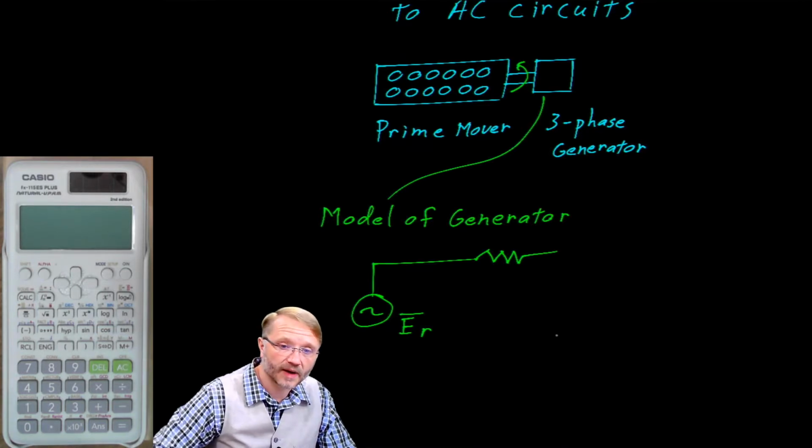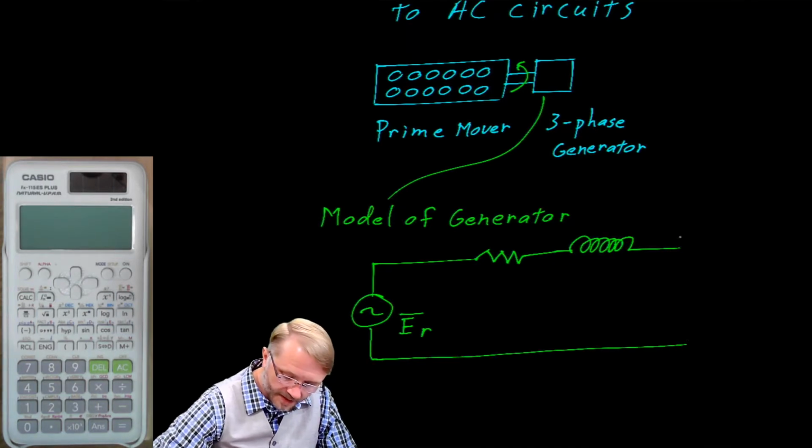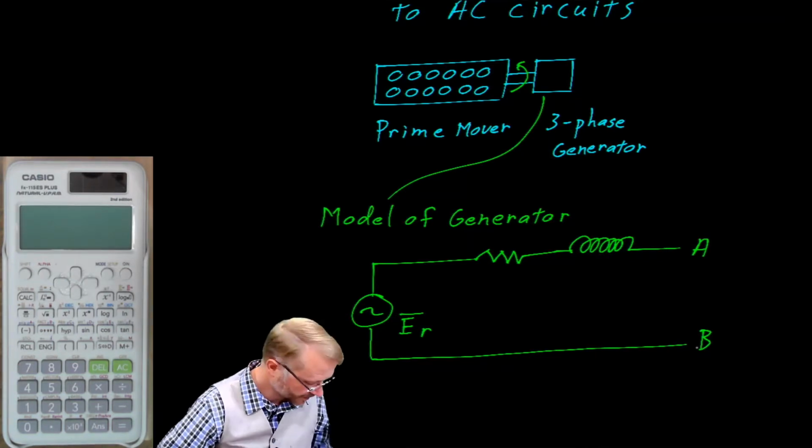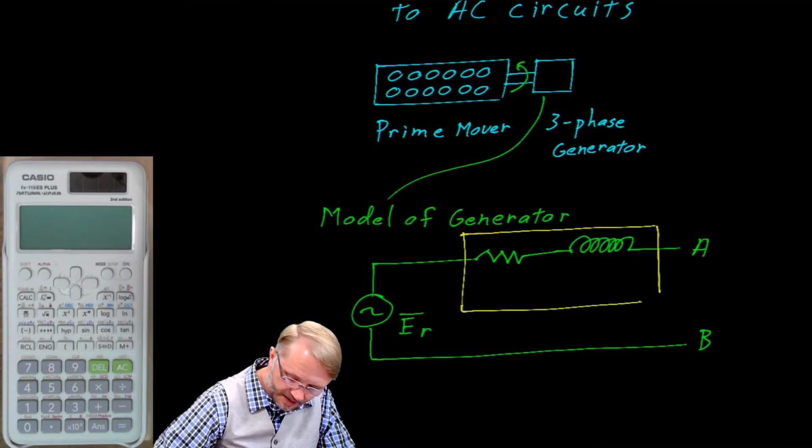And because the wires are wound in coils, they also present as inductors. The output terminals of the generator would be labeled A and B. Together, the resistor and inductor form the impedance of the generator.